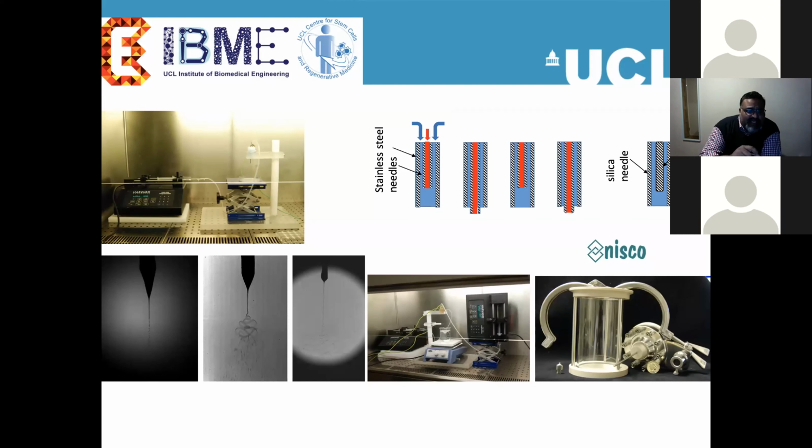So you can see here, I've shown different needle configurations. In electrospraying or electrospinning, you can have 2-3 needles that are centrally within each other, thus forming structures like core structures or multi-core structures.